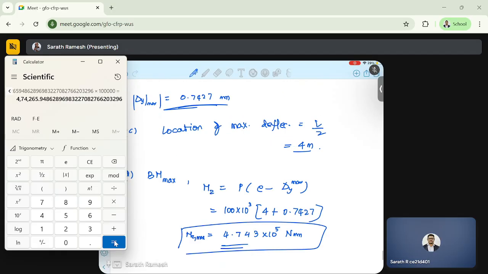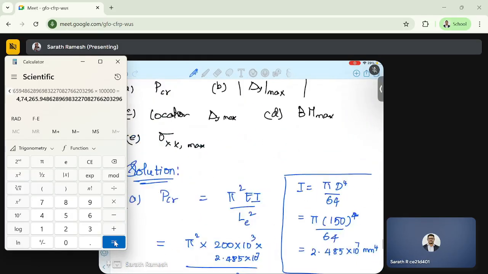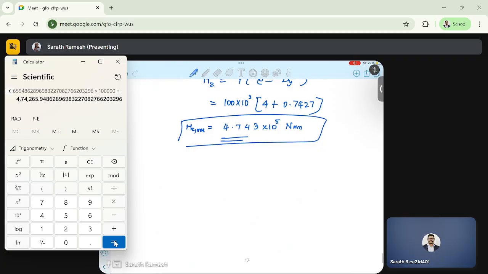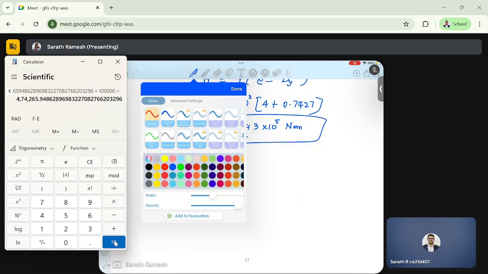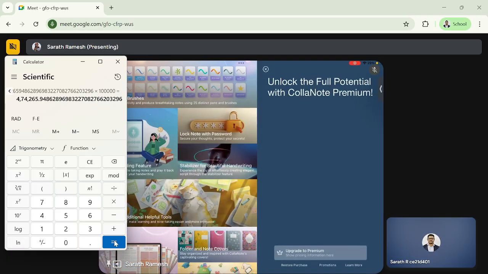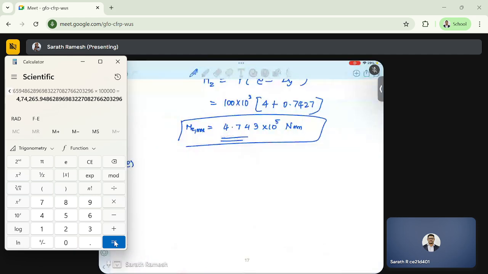Finally, the maximum compressive stress. Okay. So sigma xx max equal to, the formula is P by A into 1 plus E Yc max by r square secant of KL by 2, right.